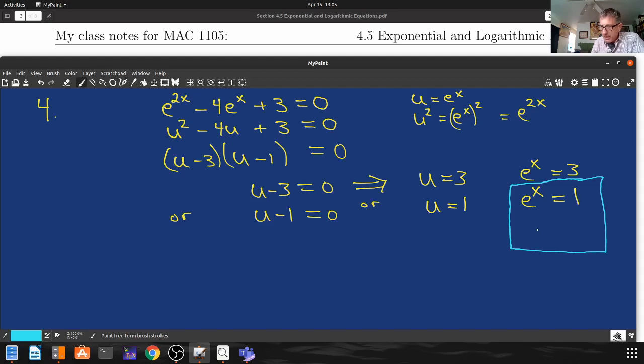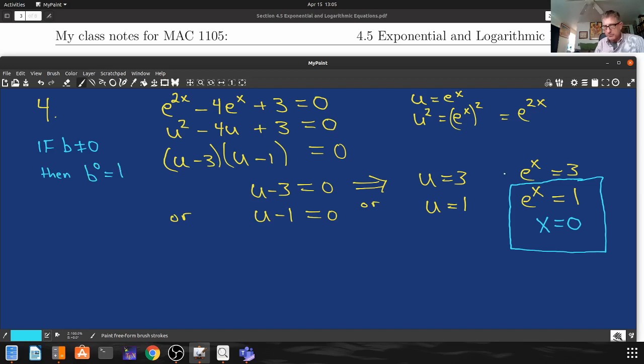I hope the clear answer is that x is equal to 0, because we have the zero exponent theorem that says if b is not equal to 0, then b to the 0th power is equal to 1.